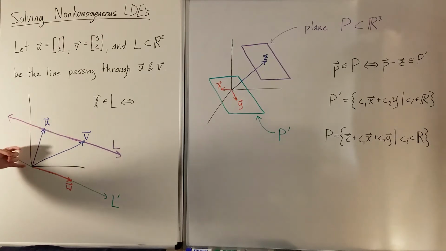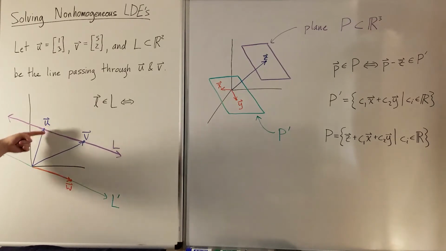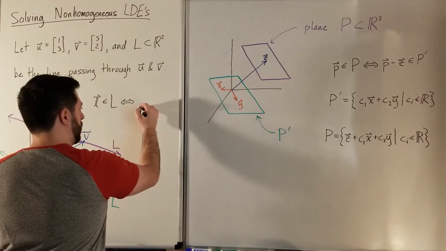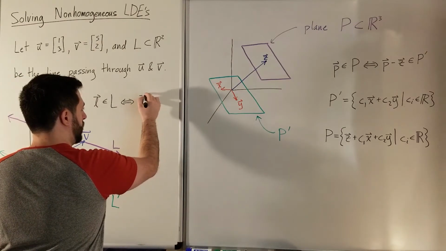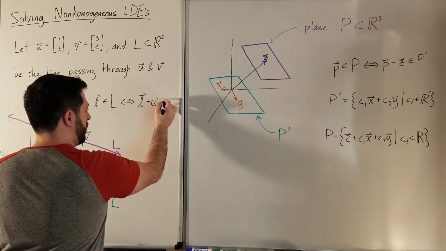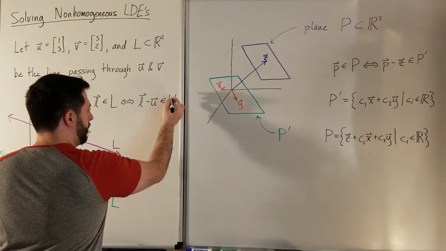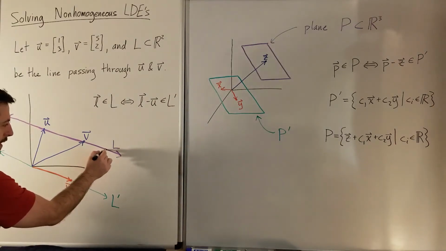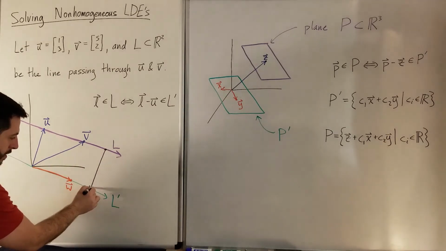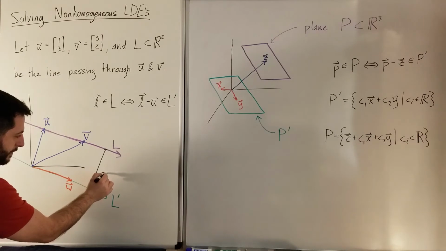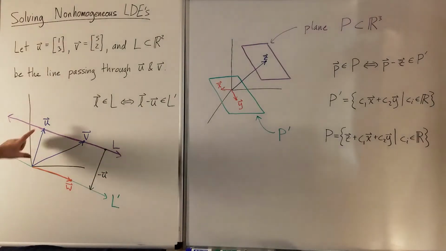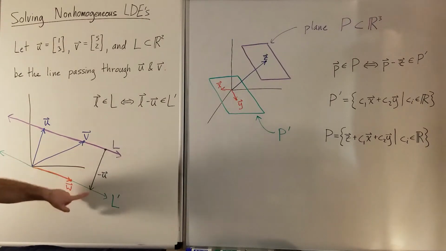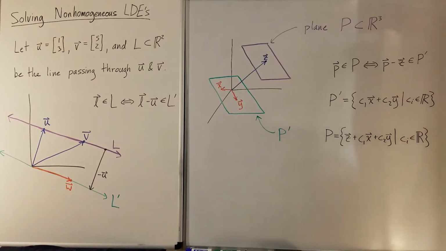Well, we just have to take this vector that's going from the origin up to L and subtract that off. So in other words, if we take any point on the line L and we subtract off this vector u, so I'm adding the vector negative u, the opposite of this vector u here, then the point that we get to will lie on the line L prime, necessarily.